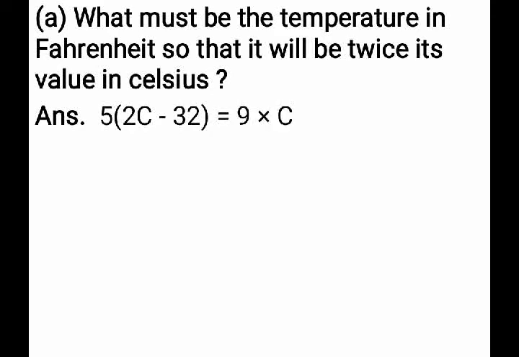On the left side you have to use the formula A into B plus C. Okay, multiply it. 5 into 2C, that is 10C, minus 32 fives, you have to multiply. I am multiplying here 32 into 5.